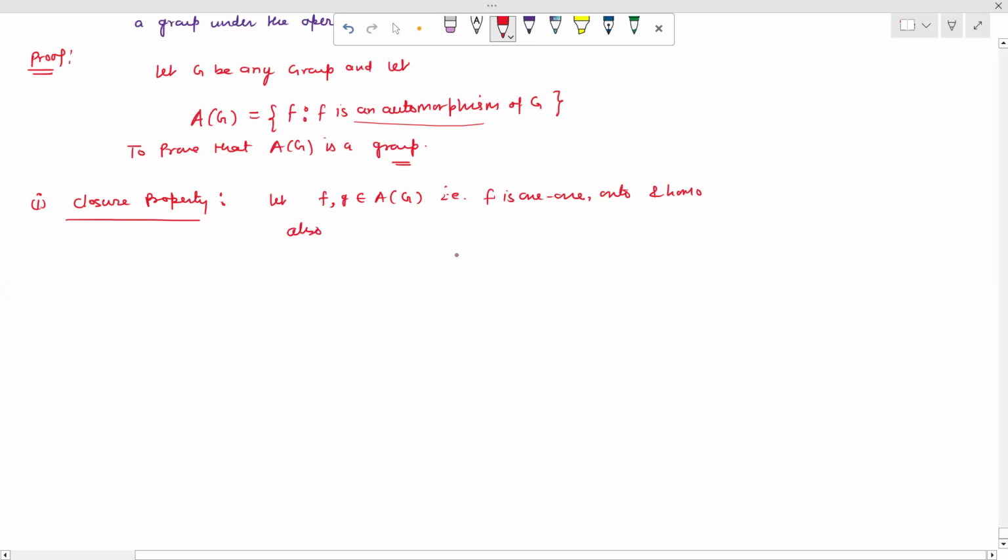Also g is one-one, onto, and a homomorphism, because f is an automorphism, already given. So both are already one-one, onto, and homomorphic. So we claim that g composition f, which is defined from G to G, is an automorphism.